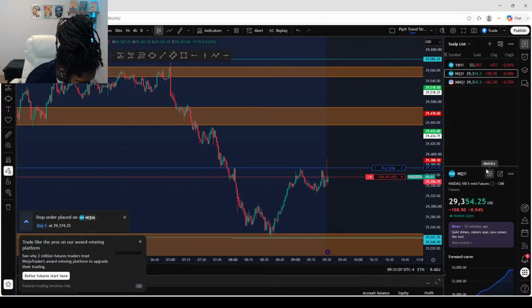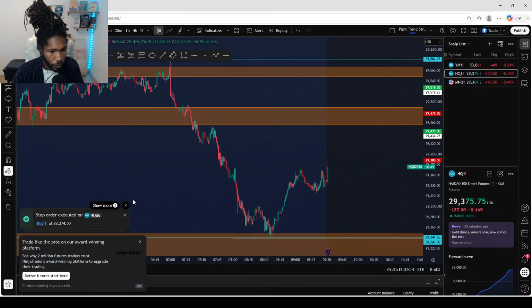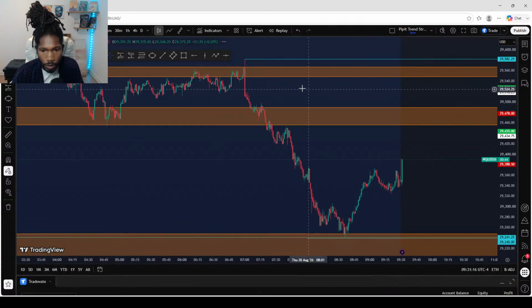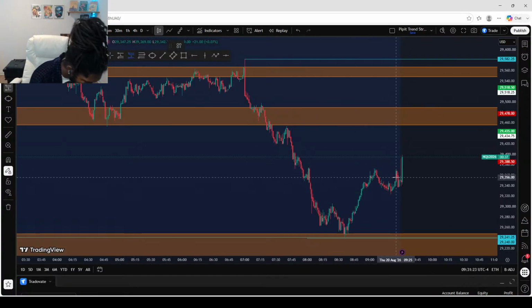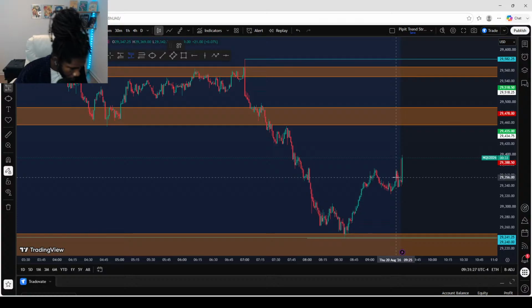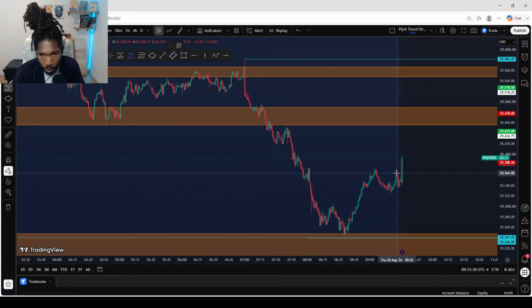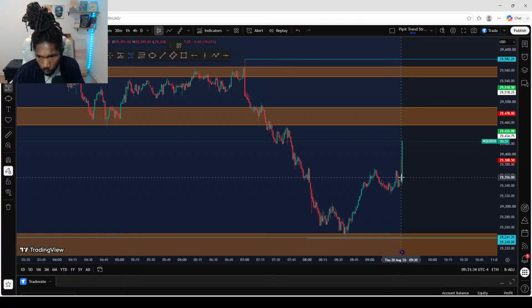And we're stopped out. All right, first loss of the day. So our entry was at 356. Oh, look at that push to the upside. Wow. 356.75 was the entry.